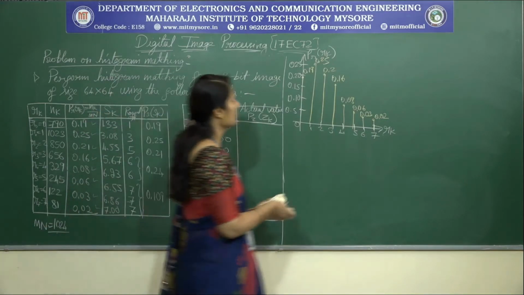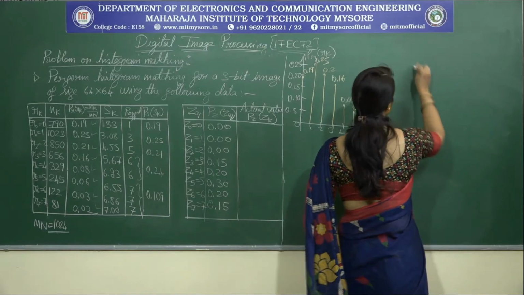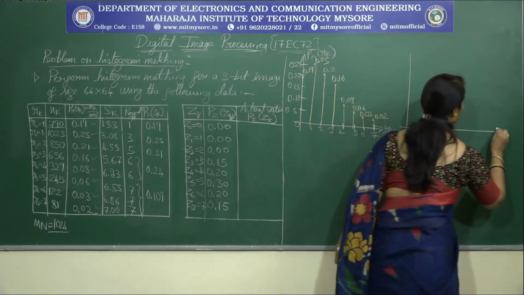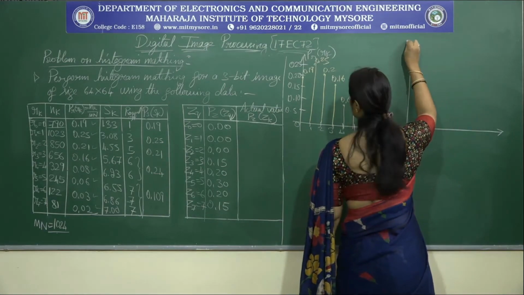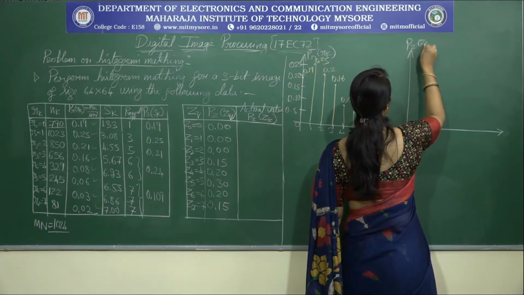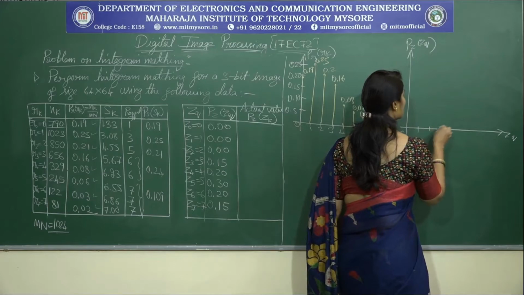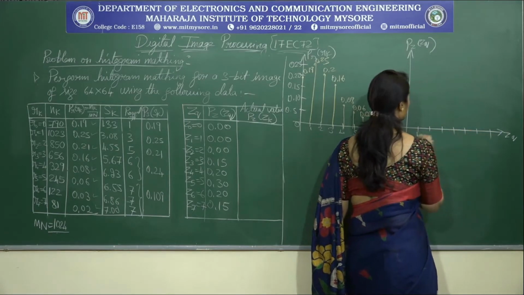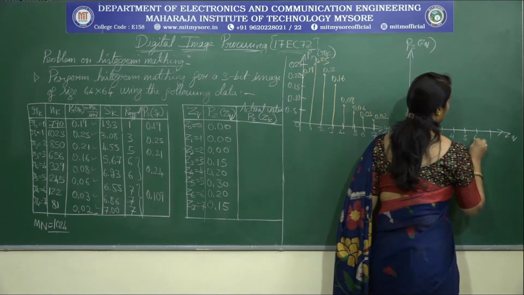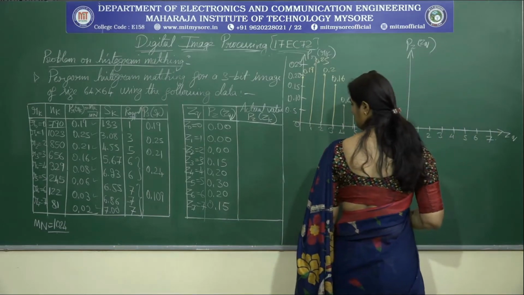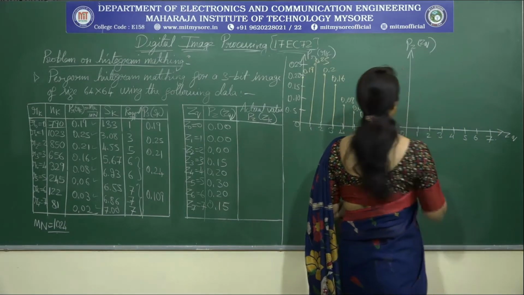Now let us plot a graph of the specified probability density function Pz of Zq for Zq values 0, 1, 2, 3, 4, 5, 6, 7. The maximum amplitude is 0.30.